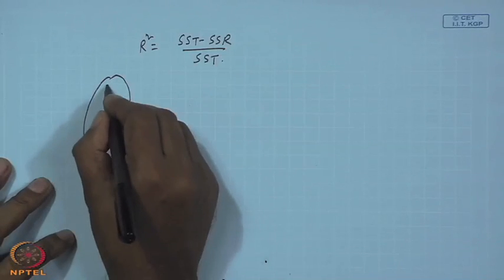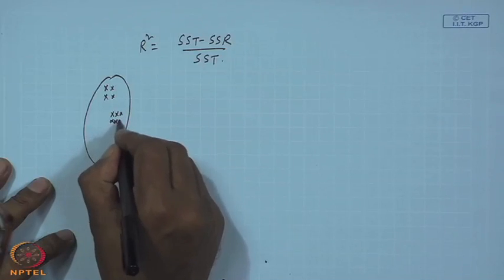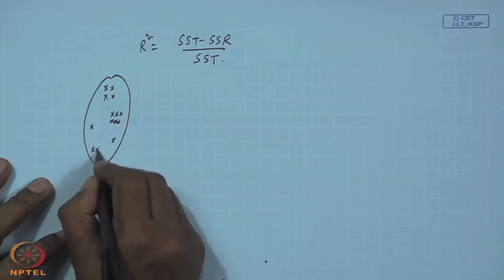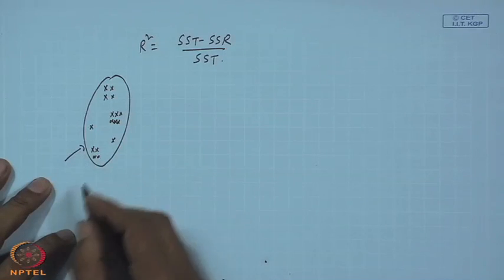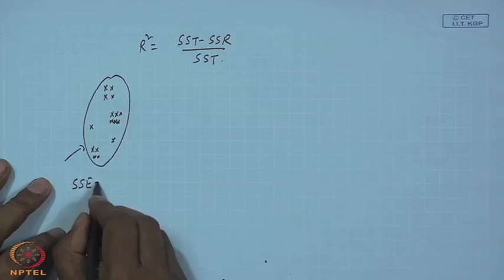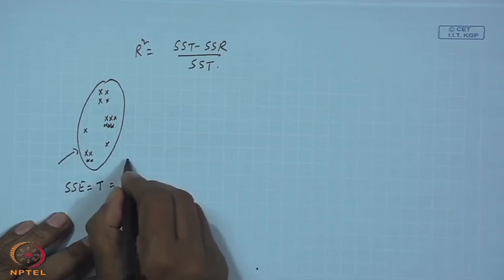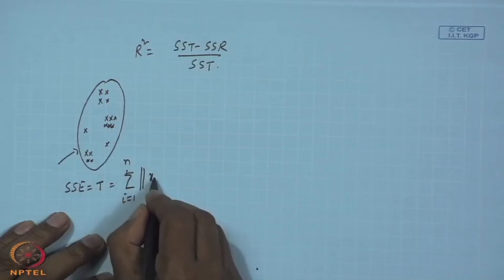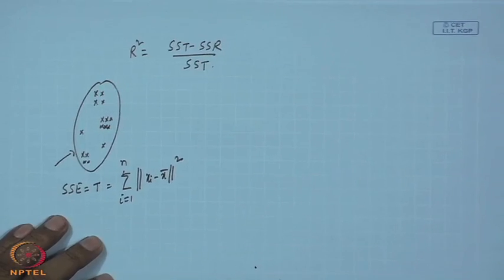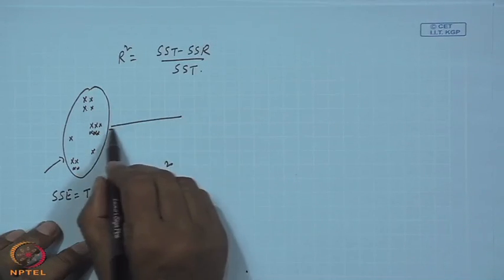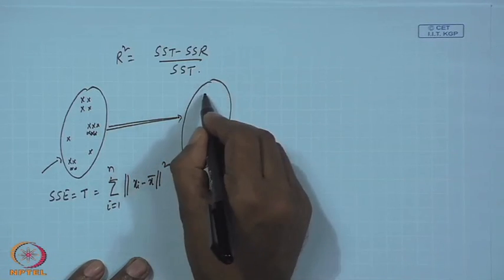Suppose I have a group of objects like this, and when you are treating one cluster, then what is the SSE? If I say this is the total, then this one is the sum over i equal to 1 to n of xi minus x bar, its square. Now, suppose you are going for generating k clusters like this.